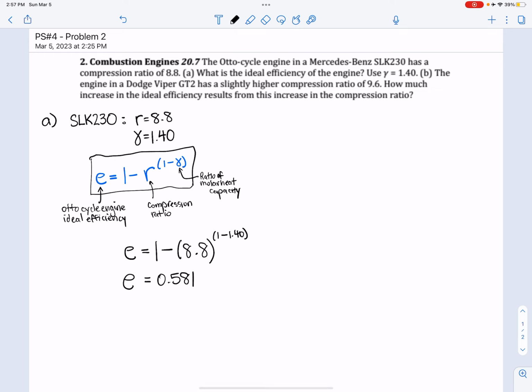So E for the SLK 230 is that, and that is our final answer.